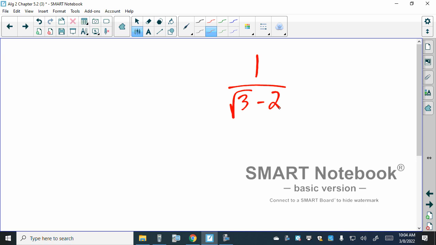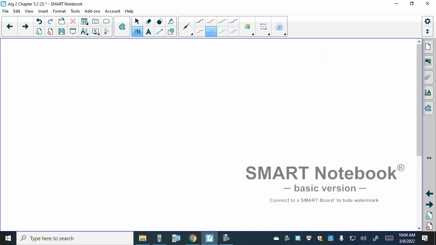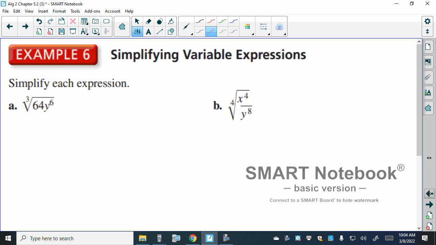It would do that simplification, turning it into the square root of 3 minus 2, 9 minus 4 over 5. Because it will do those for us.